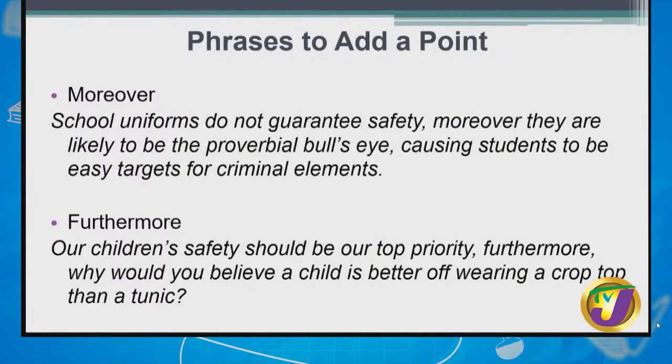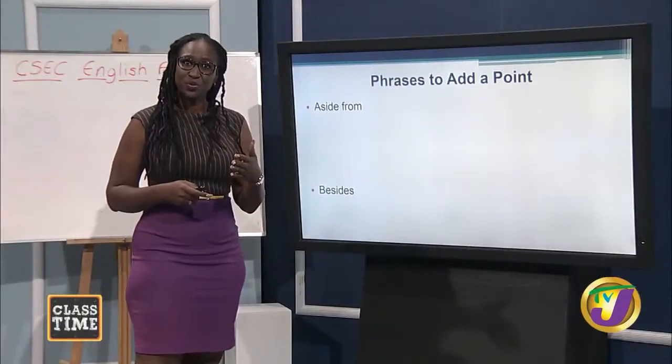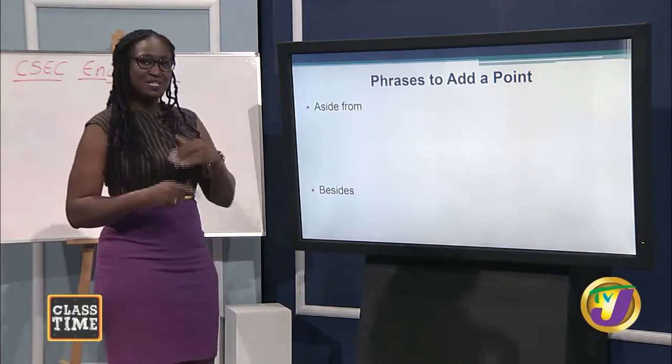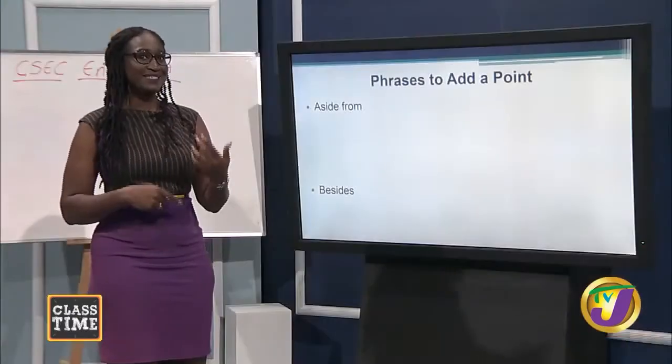So now we're going to continue looking at phrases that can be used to add a point. So another phrase you could use, aside from, or you could use besides. Now, keep in mind, it's not beside as in two things next to each other. It's besides.